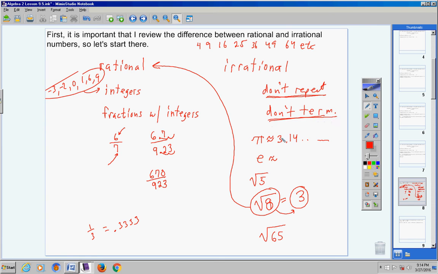The most common irrational numbers in Algebra 2 would be pi, e, and square roots of any numbers that are not perfect squares. Now, I've rambled a lot. Take really good notes. Pause the video, back it up. But I told you, I'm going to give you a lot of information today. Rational, irrational, you need to know the difference. We're going to use that later in our math today. Okay, moving on.